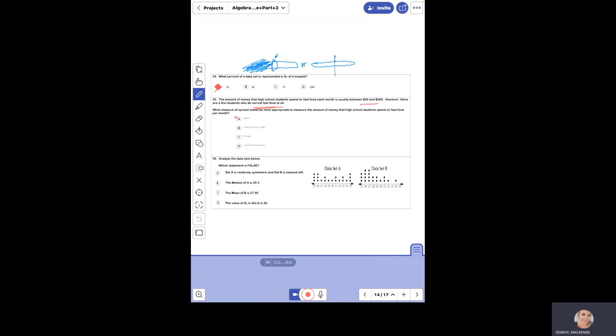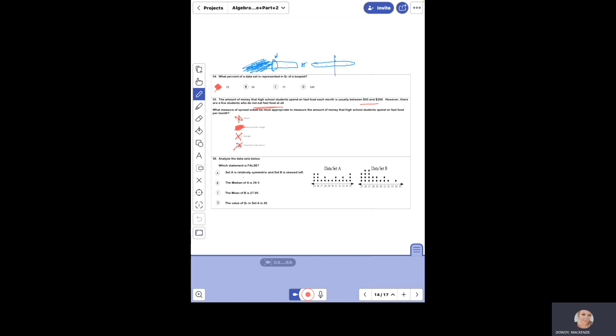Well, we're not going to want to use the mean because the mean is the average. So the students who don't eat anything at all is going to bring it down. Or if we take that out, the 50 and 200 would bring it up. So that's not a good indicator, I guess is the word. Range would be from 0 to 200. That's not good. Standard deviation, no.